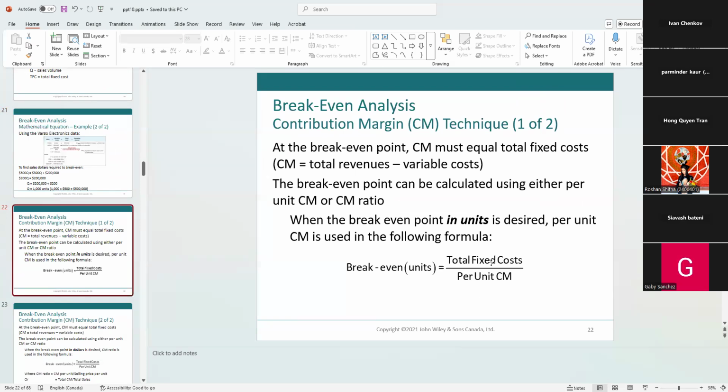Get the total fixed cost divided by the contribution margin per unit. Done. So what do we need to chase? You need to chase the total fixed cost and the contribution margin per unit. Once you have those two, you can find the break-even per unit.